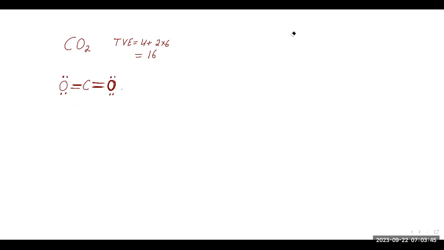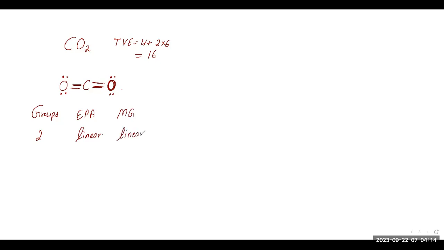So what is the EPA, electron pair arrangement? How many groups on the central atom? Groups. 2. What is EPA? Electron pair arrangement? Linear. Very good. What is molecular geometry? Because there is no lone pair, same linear.